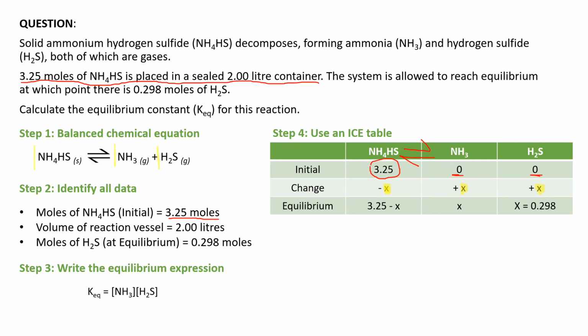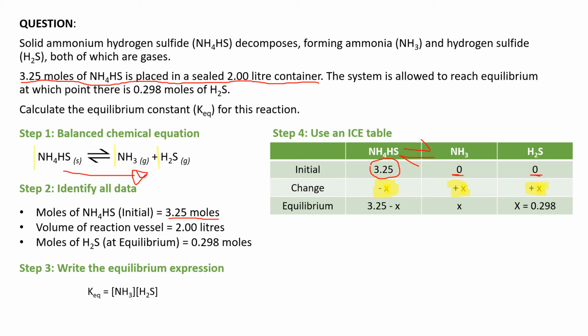So the next thing I need to consider is the reaction is shifting towards the right. We are decomposing the ammonium hydrogen sulfide and forming those two products. So as a result, that is going to cause the amount of ammonium hydrogen sulfide to decrease. So I use a minus sign, and for the other ones, they're going to increase. So they're going to have a plus sign attached to them. So that's how you would assign changes.